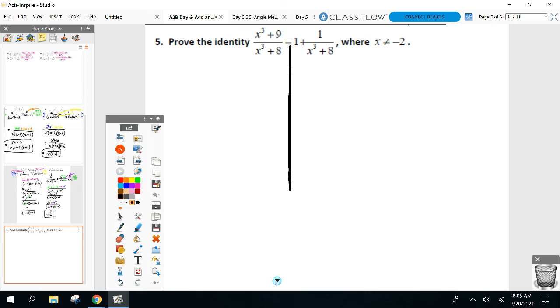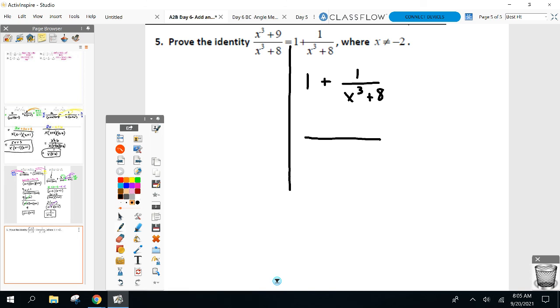So let's work on, can I do anything on the right side? 1 plus 1 over x to the third plus 8. These are two fractions. We know how to add two fractions. Just so we're clear, what's the denominator on this one? Another one? Okay, just making sure. So now think about this. This is nothing special. What would my common denominator be?